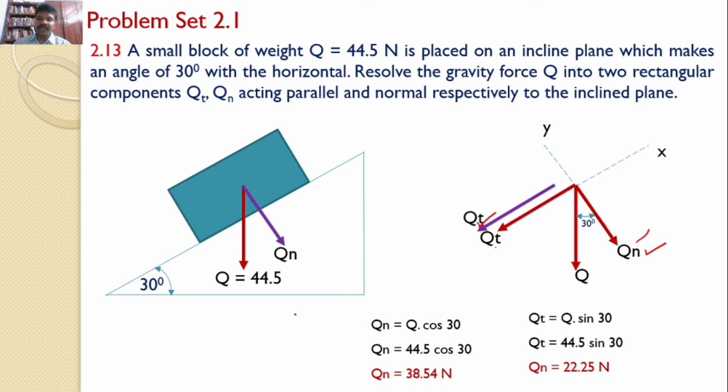So this becomes Qn and this becomes Qt, and the answers are, this is 22.25 newtons and this is Qt 38.54 newtons. These are the components of Q, parallel and perpendicular to the inclined plane.